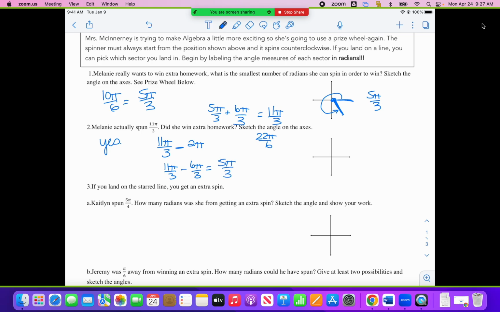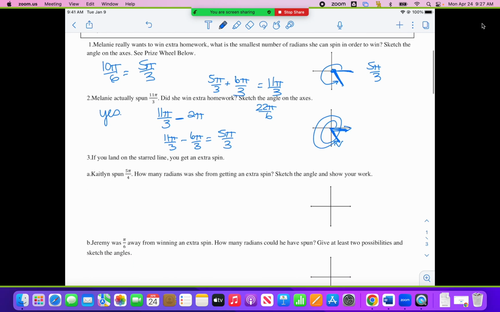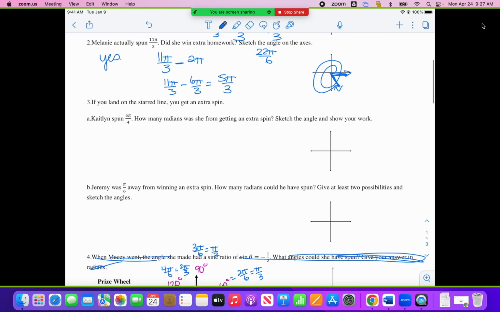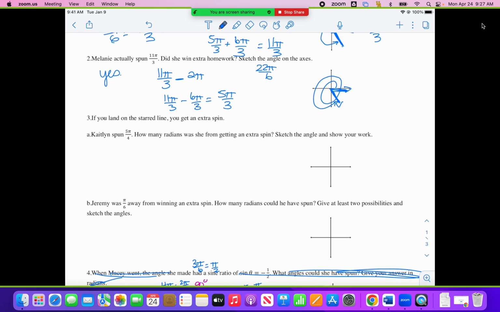So it is yes. So what's going to happen is I'm going to draw the same angle, but I'm going to whip it around one full time and then the 5 pi over 3 or 300 degrees. Does that make sense now for those of you that were confused? Does it clear that up, I hope?